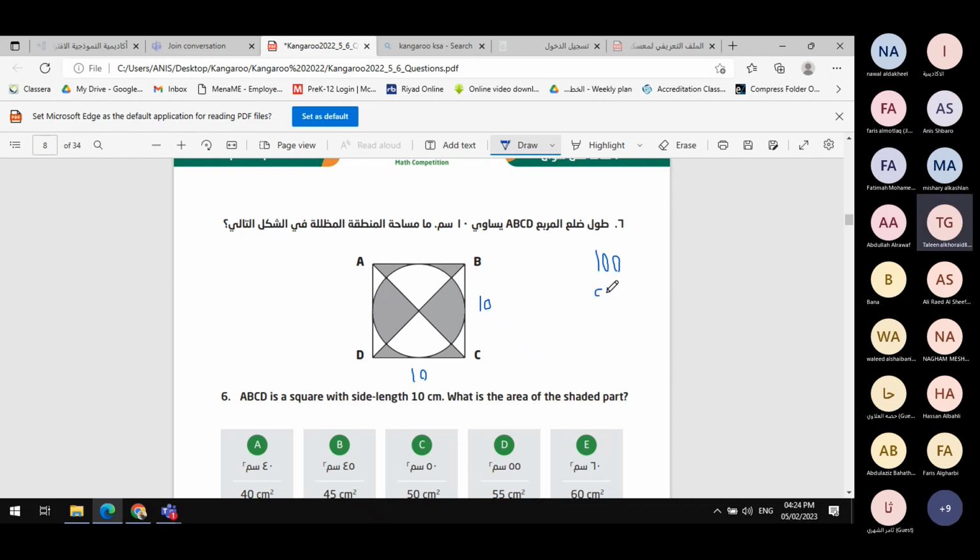Yes, so the whole square is 100, if I'm not wrong. Right. So then we're going to have the shaded parts, which I think we are going to divide. Yes. We have 4 shaded parts.